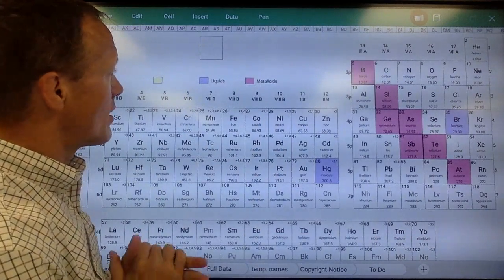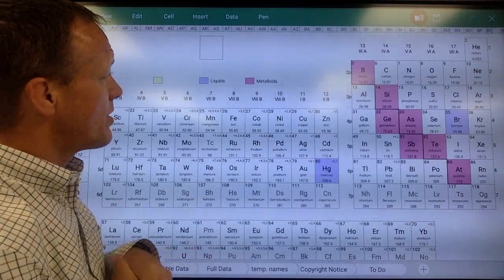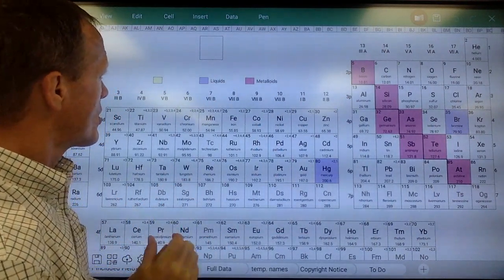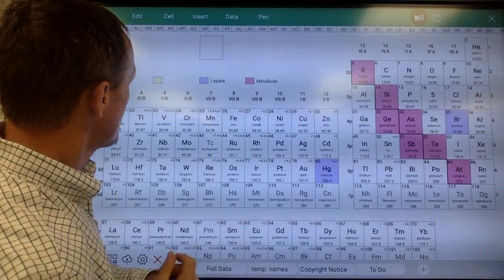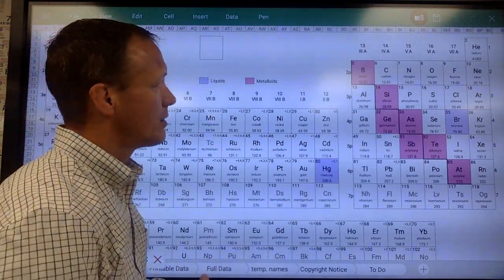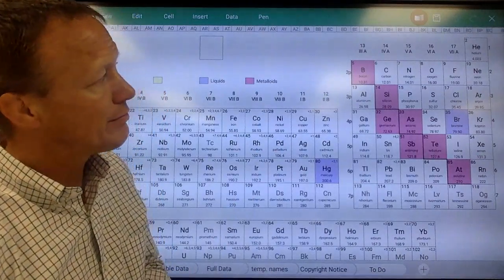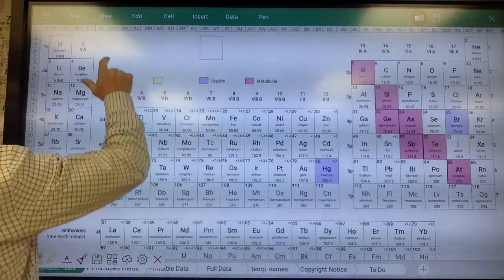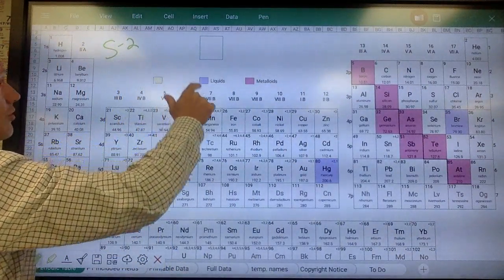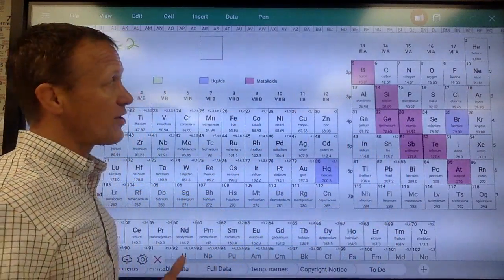Let's say we're doing an ion. Okay, so maybe let's say we're doing sulfur -2. Sulfur with a -2 charge. So here's sulfur's configuration.